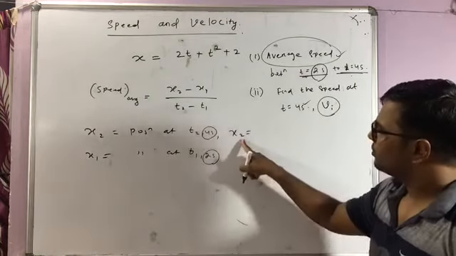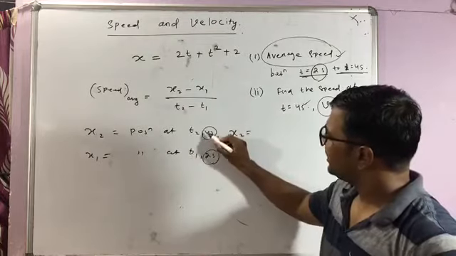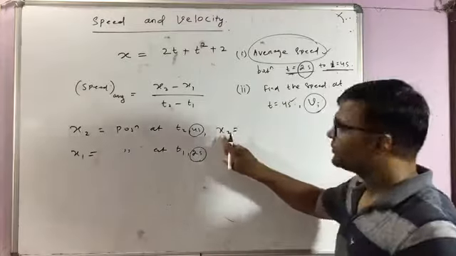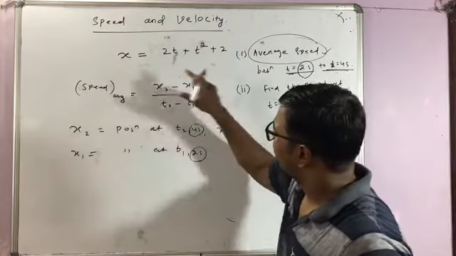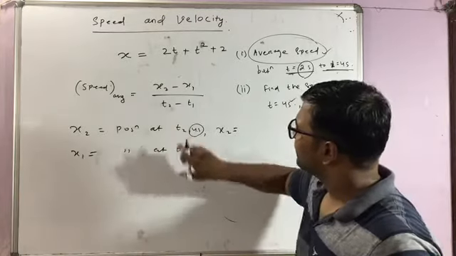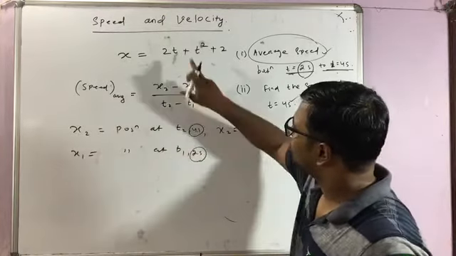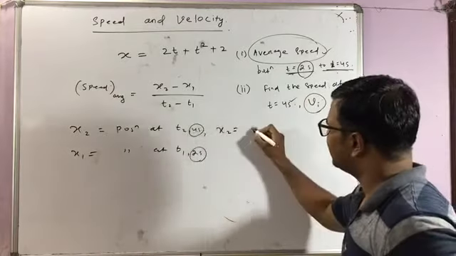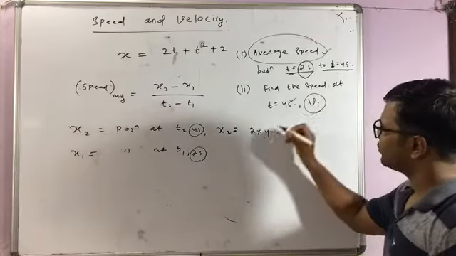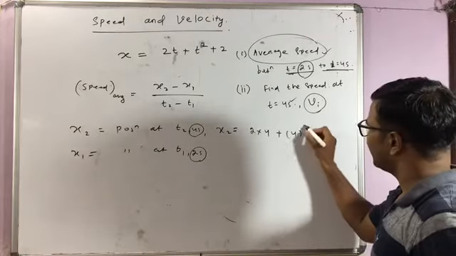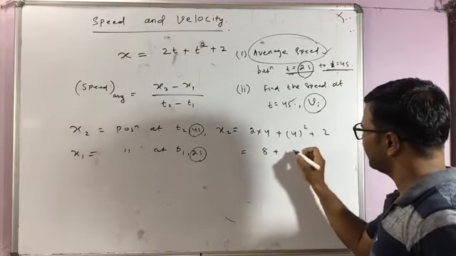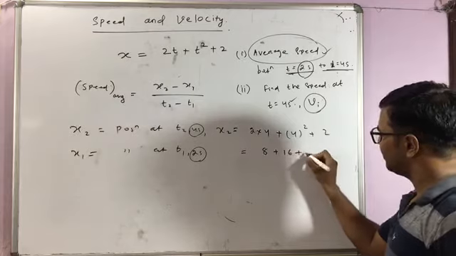So while calculating x2, t2 is 4, means x2 is the value of x when t is equal to 4 second, and x1 is the value of x when t is equal to 2 second. So x2 we can calculate: 2 into 4, taking t is equal to 4, plus t square means 4 square, plus 2. 4 into 2 is 8, plus 4 into 4 is 16, plus 2.